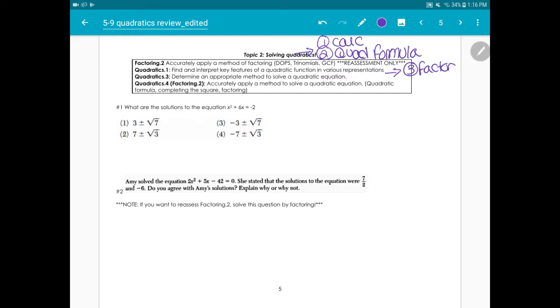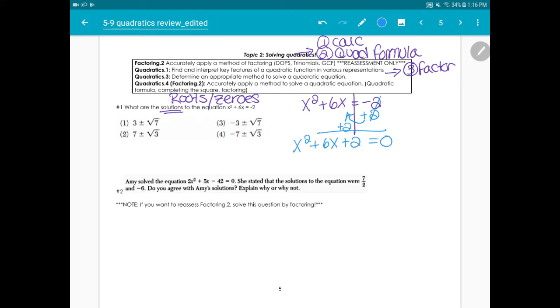All right. So when I'm solving this first one, or when I'm solving any quadratics, I'm looking for the roots or the zeros. Remember, it means the same thing. And in order to do that, I need to get this equal to 0 by using my inverse operations. So that's going to look like this once I'm done.